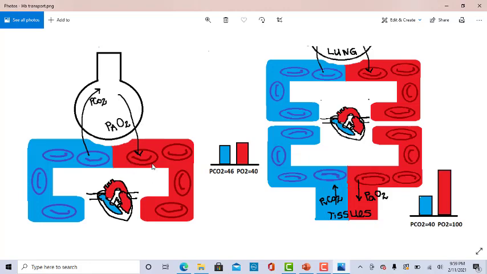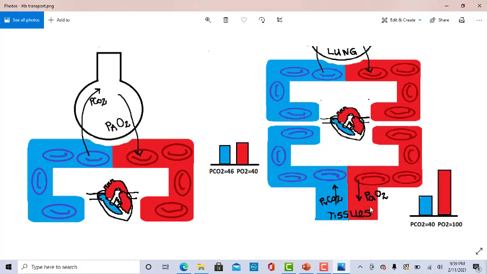And you want hemoglobin to have a high affinity for oxygen in the lungs because that's where you want it to bind oxygen. That's where you want it to load up as much as it can so it can take it out to the body. Now, when you come out of the lung and you travel out through your heart and then out to your body and you get to your tissues, they are going to be higher in temperature.